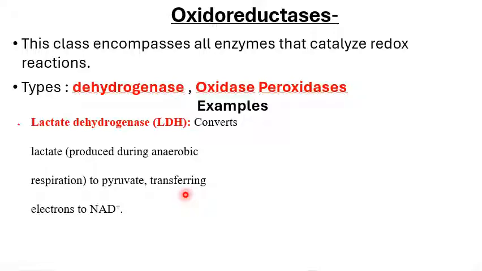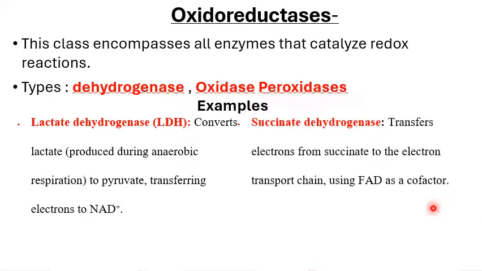This one converts lactate to pyruvate, thereby transferring electrons to NAD. We also have succinate dehydrogenase, which transfers electrons from succinate to the electron transport chain using FAD as a cofactor.